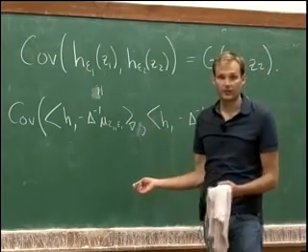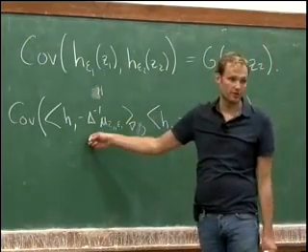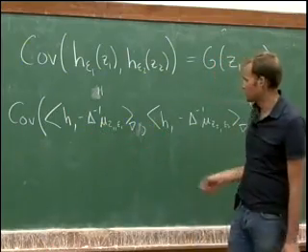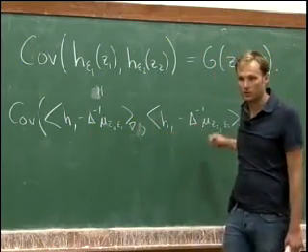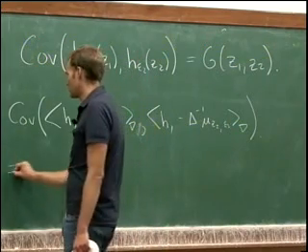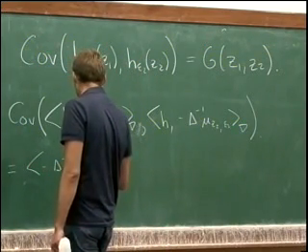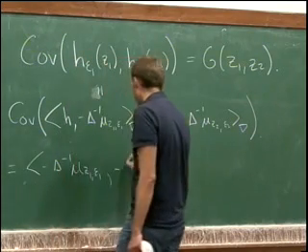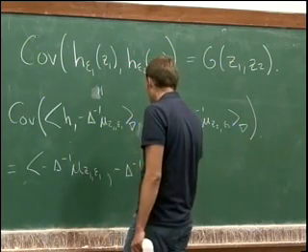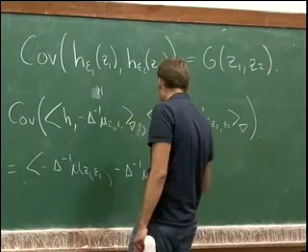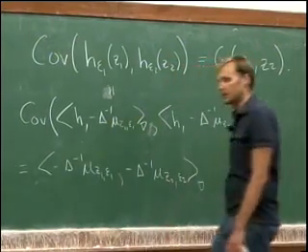And then from the fact that this is a Gaussian Hilbert space, the covariance is just the Dirichlet inner product of these two things, right? These two arguments. So this is just negative Laplacian inverse of mu z1 epsilon 1, and negative Laplacian inverse of mu z2 epsilon 2, in the Dirichlet inner product.